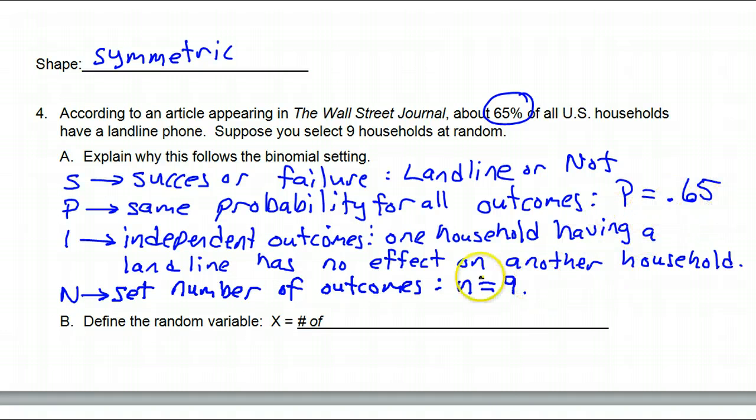P equals 0.65, n equals 9. Those two, you have to say. Just make sure you mention all four of your things. S stands for success or failure, P stands for same probability, I stands for independent outcomes, and N stands for set number of outcomes. So S, P, I, N.